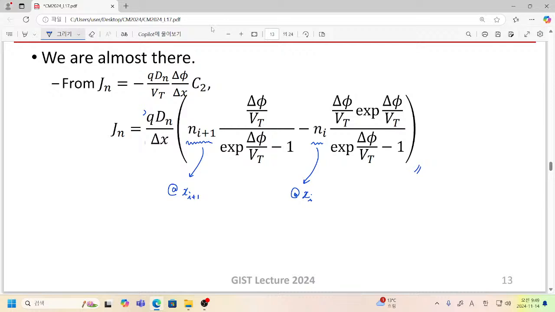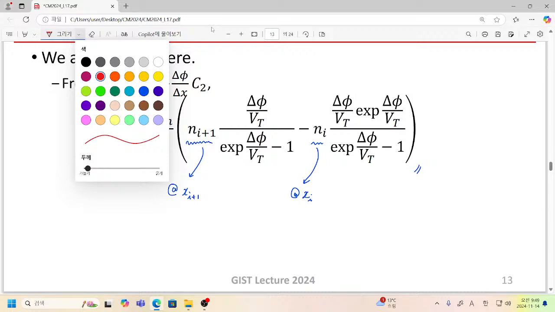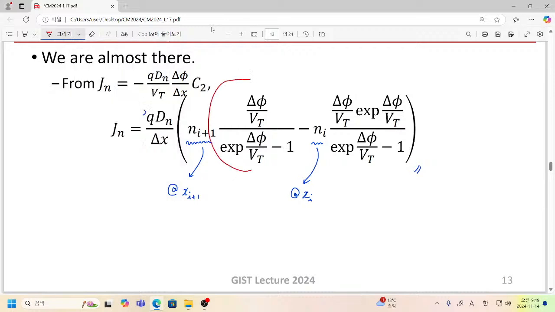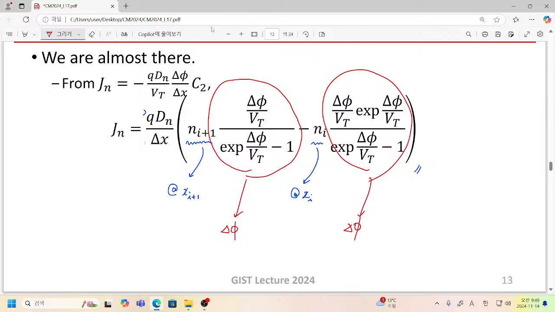But the point is, in this Scharfetter-Gummel scheme, the coefficient for each term, n sub i plus 1 and n sub i, has a complicated dependence on our potential, and only on the potential. This is true.